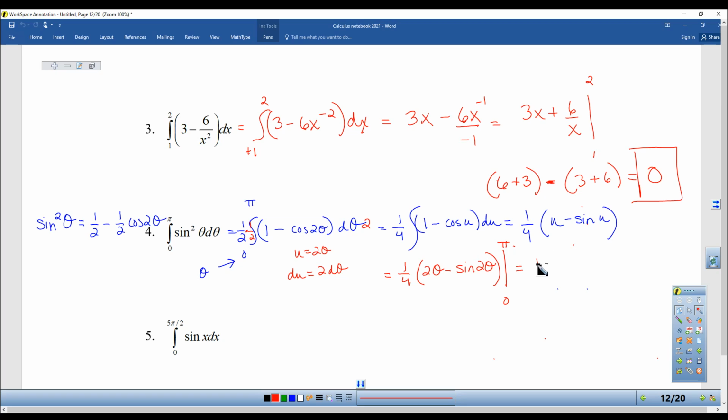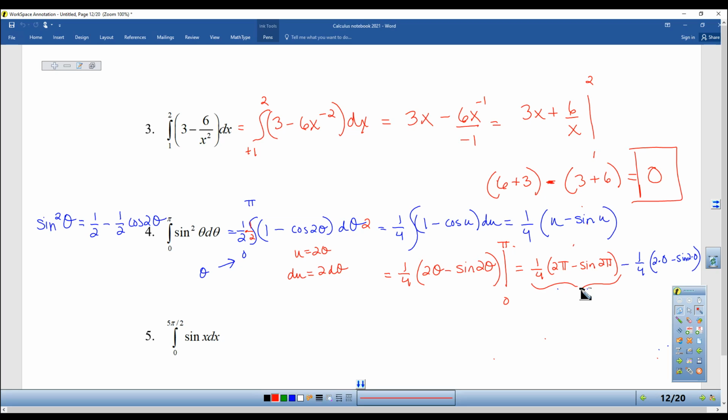And I'm going to plug those in. 1/4 of 2 pi minus sine of 2 pi, minus 1/4 of 2 times 0 minus sine of 2 times 0.